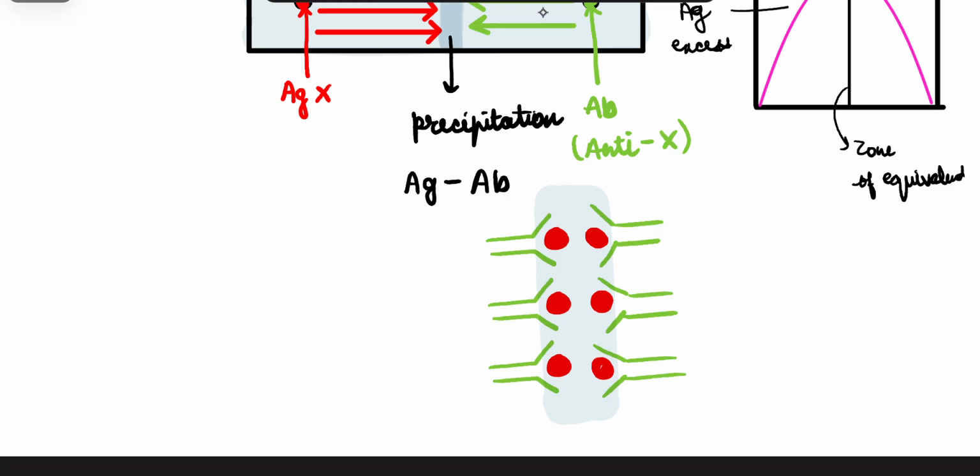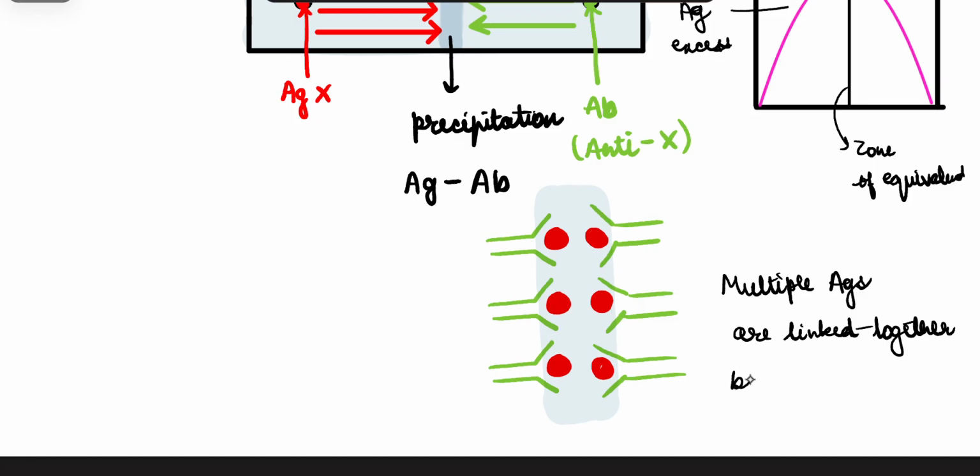So this is the place where lattice formation takes place. So we say that multiple antigens are linked together by the antibodies to form the lattice.